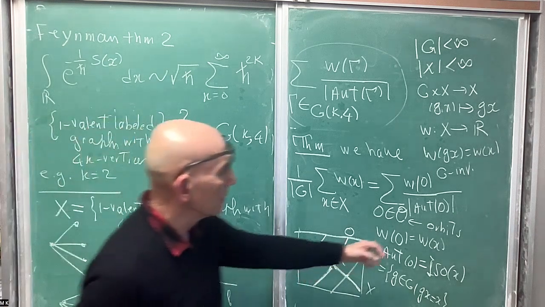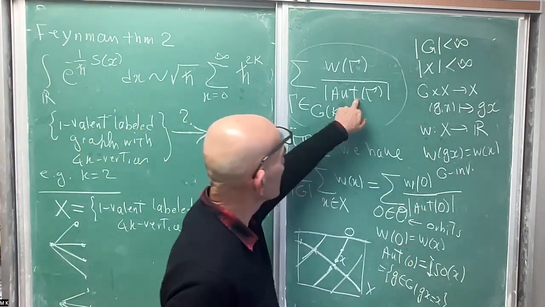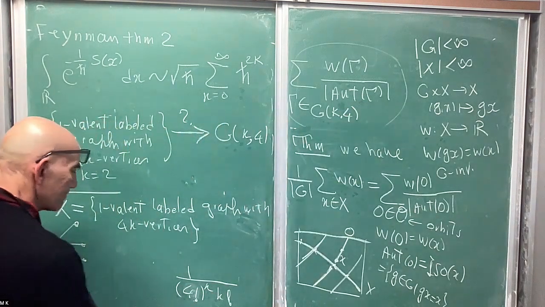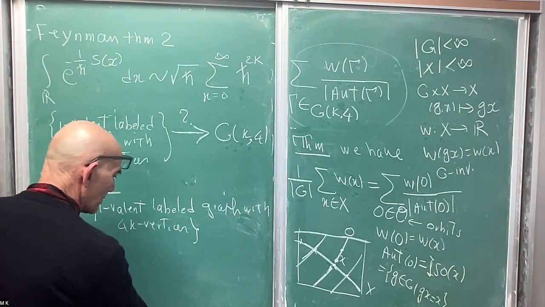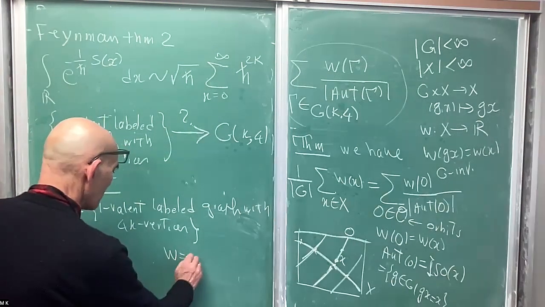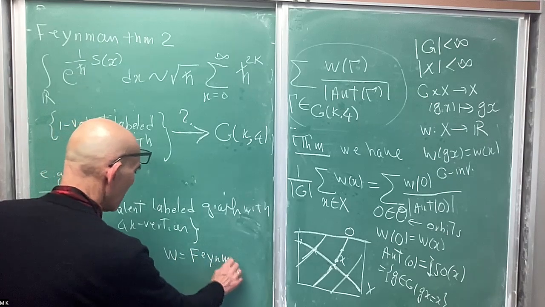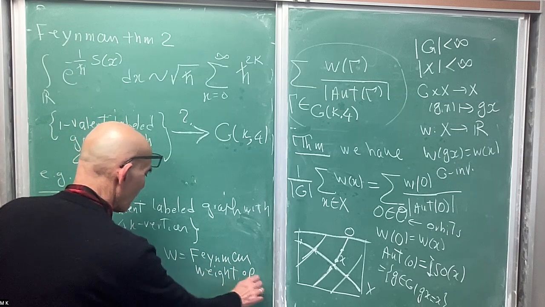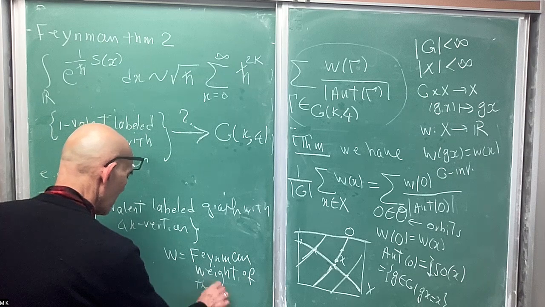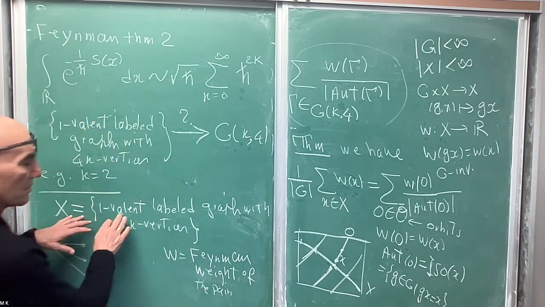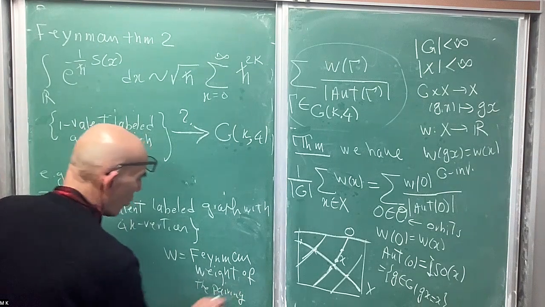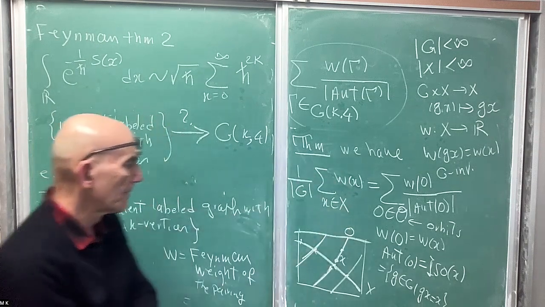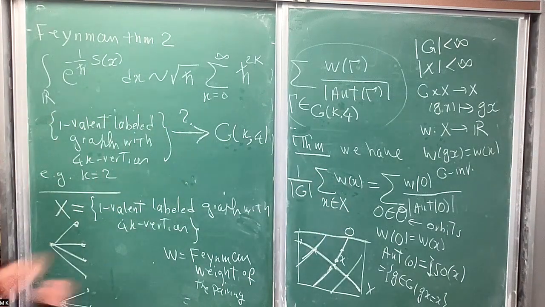This is exactly this number. So this is this number here. And what is W in this case? W is just the Feynman weight of the pairing, which is this thing on the left-hand side, or which is the Feynman weight of the corresponding graph that you obtain by identifying under this. And everything goes through.